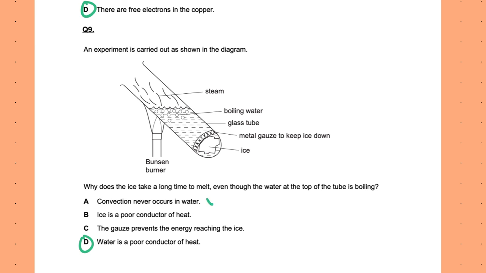So convection does occur in water. Ice is a poor conductor of heat. By the way, ice would be better than water because it's a solid, and the gauze is just there to weigh down the ice, to keep it down and to prevent it from floating, because again, if it just floats and comes here, it would again melt because of it being in direct contact with the flame.